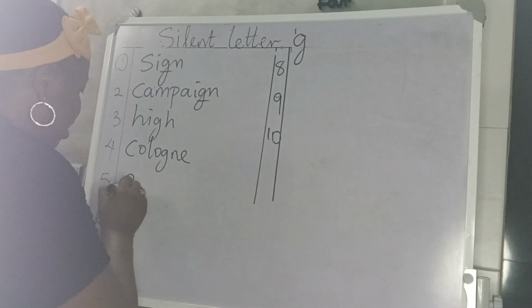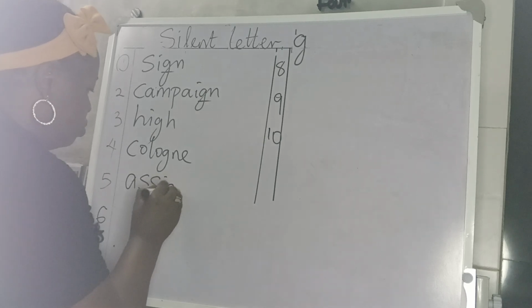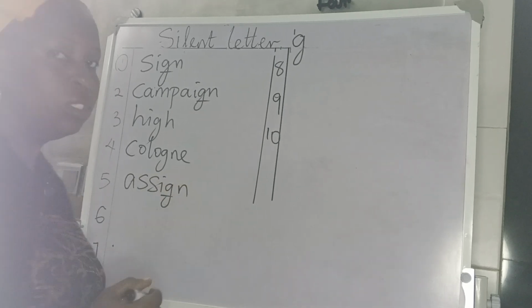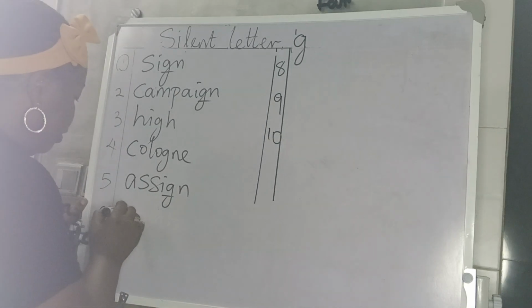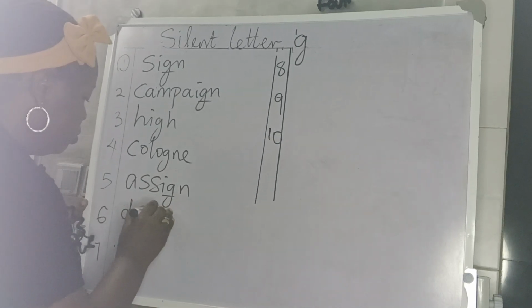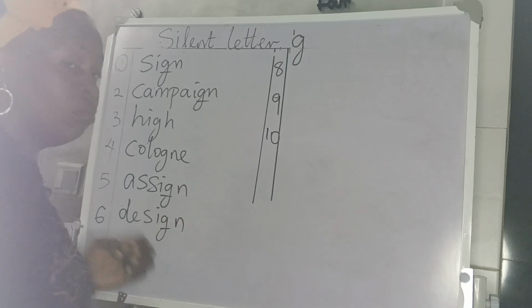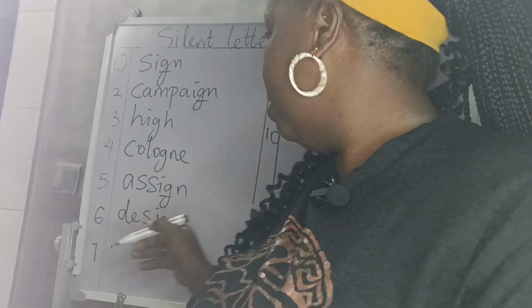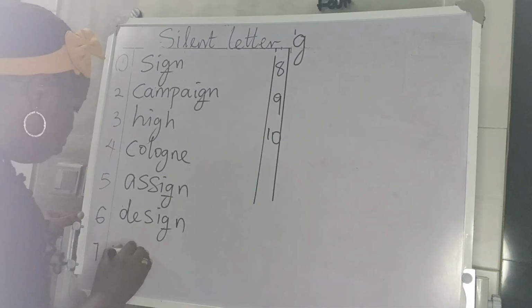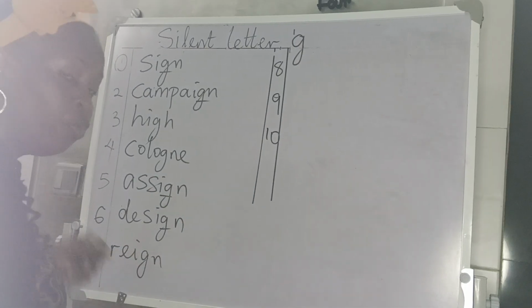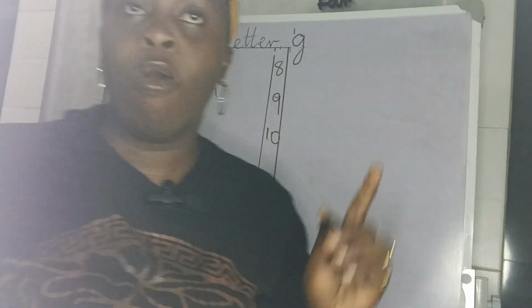Colon. Now we have assign. G is also silent. Assign. Design. Did you see it? Design. Then we'll have reign, to reign as a king or queen.